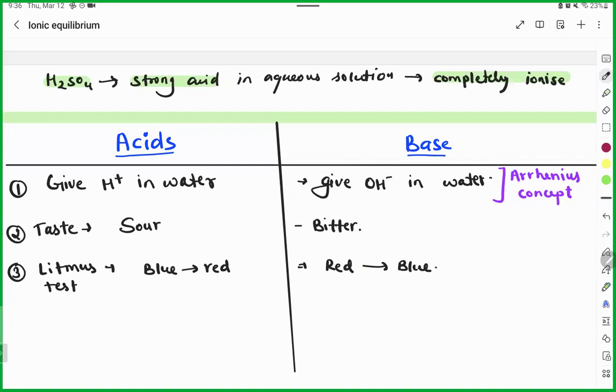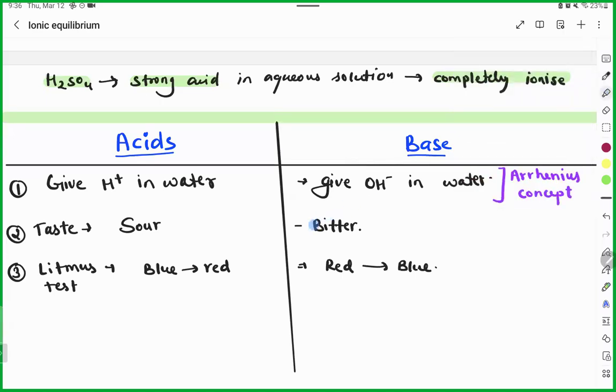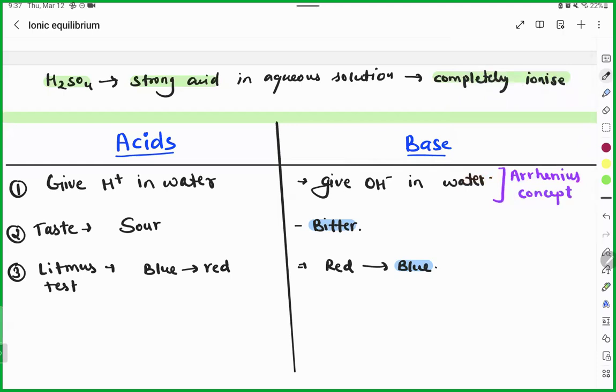So the simplest way to compare here is: base bitter, base blue. Next, if you see the pH, what will be the pH in case of acid?